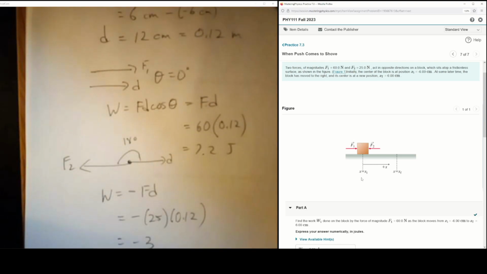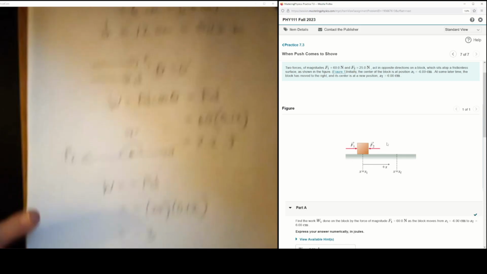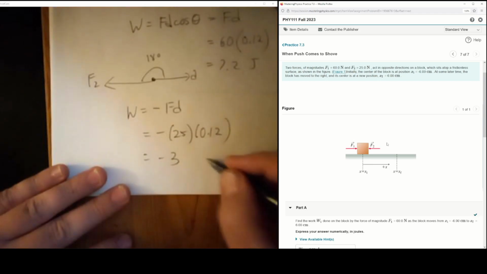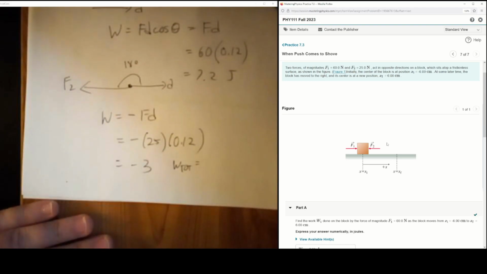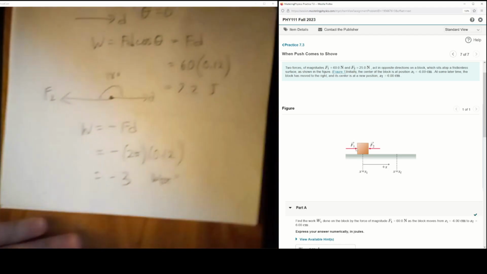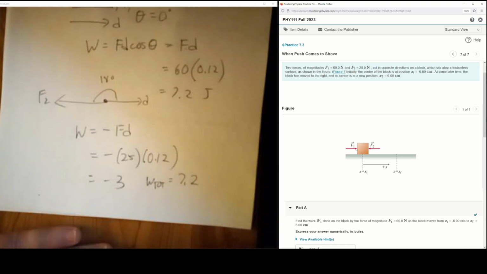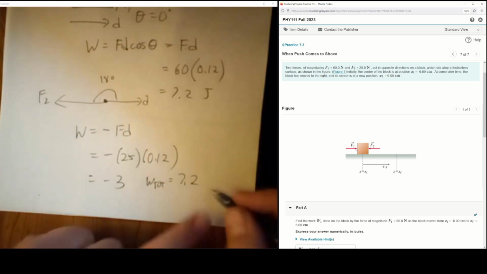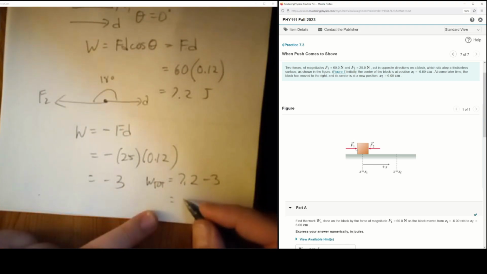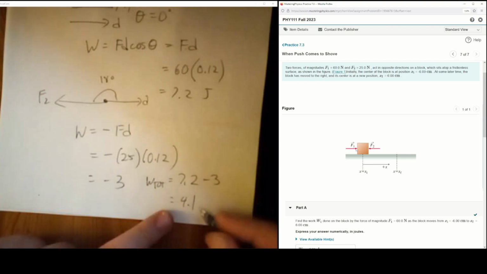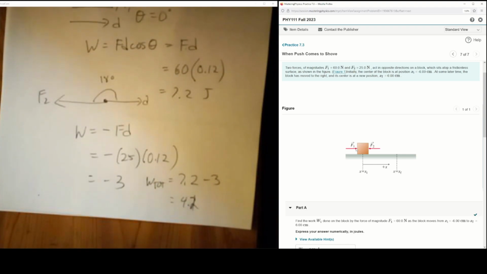So the only things doing work are these two forces, which means if we want the total work, we can just add together the contributions of work from all the forces. Normal is doing 0 work, gravity is doing 0 work, force 1 is doing 7.2 joules of work, and force 2 is doing -3 joules of work, for a total amount of work of 4.2 joules.